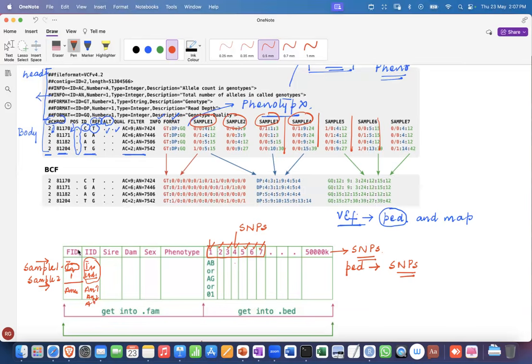So you can have as many families as you want, and for your variant analysis you should have at least 50 samples per family. That is the minimum requirement for your normal variant analysis.